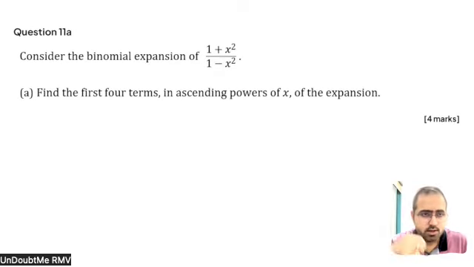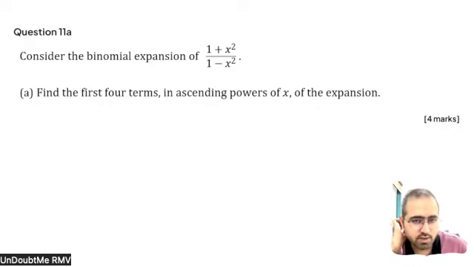Okay, next. Consider the binomial expansion. Find the first 4 terms in ascending powers of x of the expansion. How do we do this question?